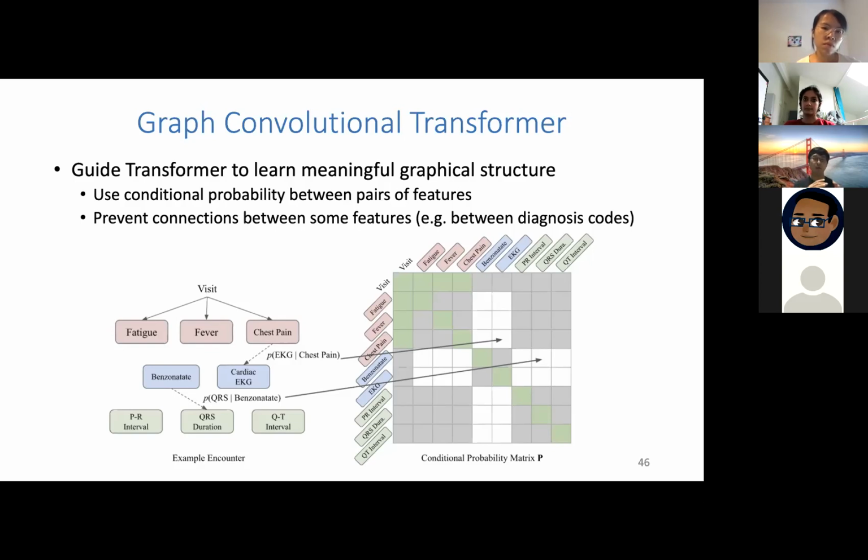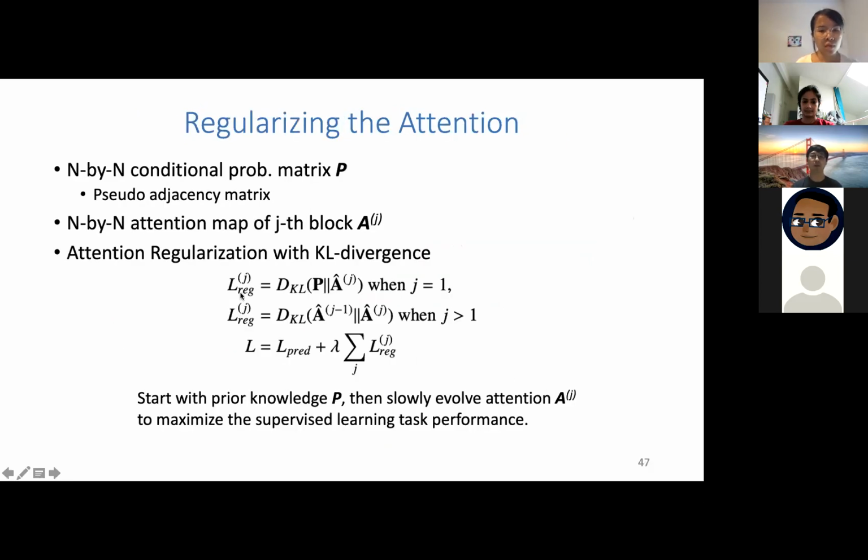Now we regularize the transformer attention maps to not diverge too much from the previous attention matrix. So we do attention regularization with a KL divergence term, where in the first layer we want our self-attention map not to diverge too much from the conditional probability P. And in the consecutive transformer blocks, we don't want our current attention map to diverge too much from the previous attention map.